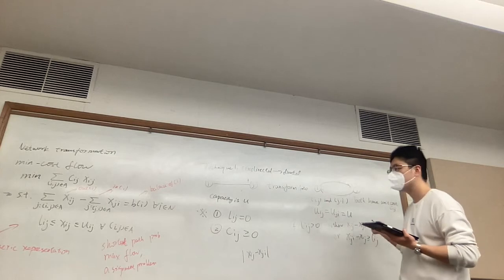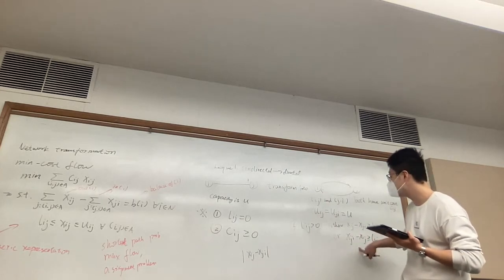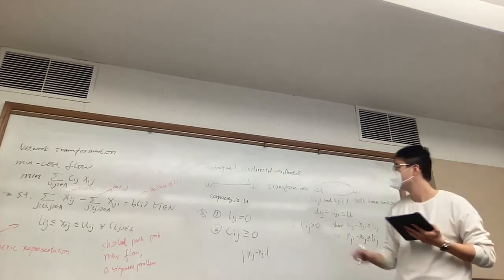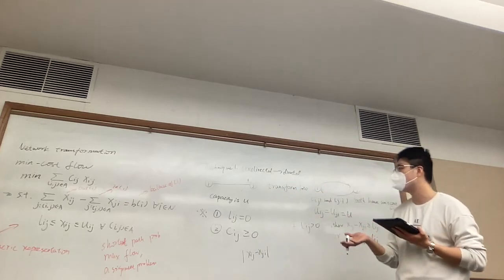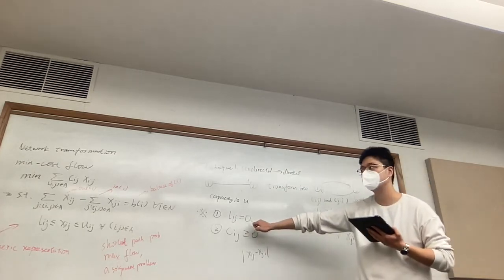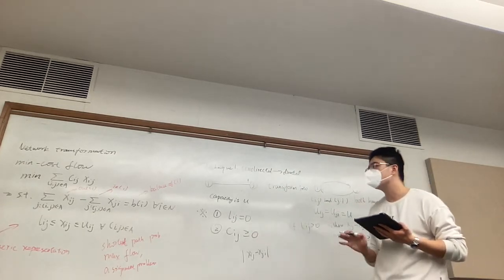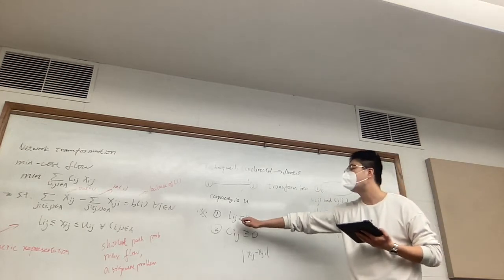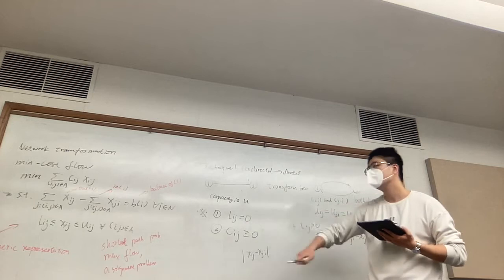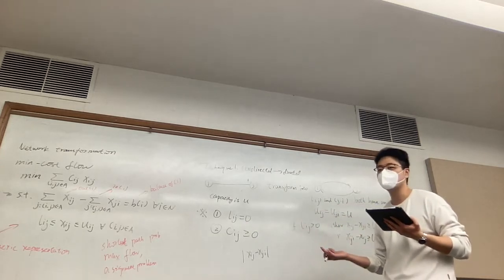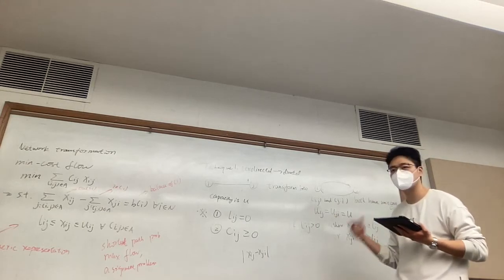However, there's no way to integrate this condition into the original problem's conditions. So I think this is the reason why we should set this restriction. In your textbook, the authors just say Lij should be equal to 0 and Cij should be non-negative, but they didn't tell why. So this is my thinking.